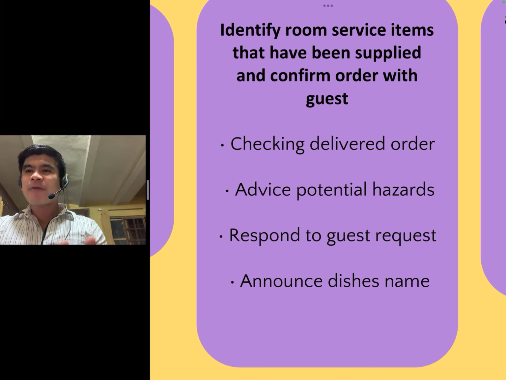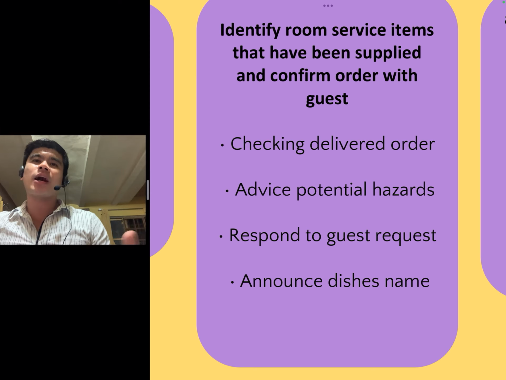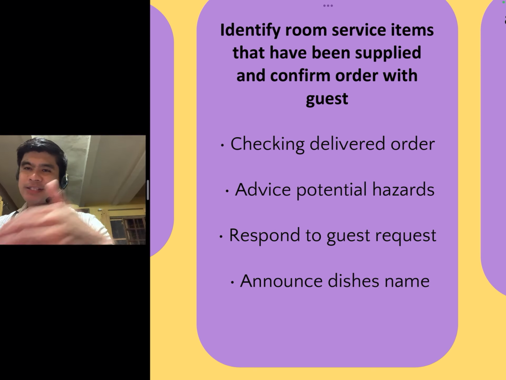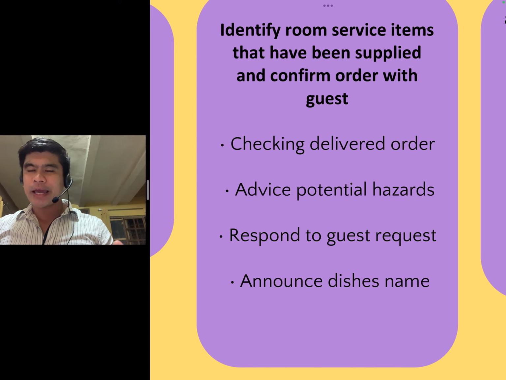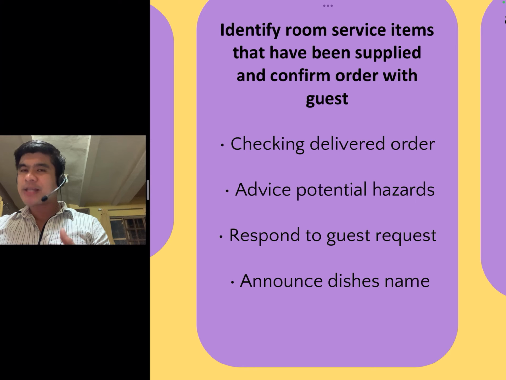And then right after you announce the dishes that you're delivering, they are going to acknowledge it. And then once they say yes, you can ask them once again, did I get it right? Do you need something else at this moment? If they say no, you are good to go.